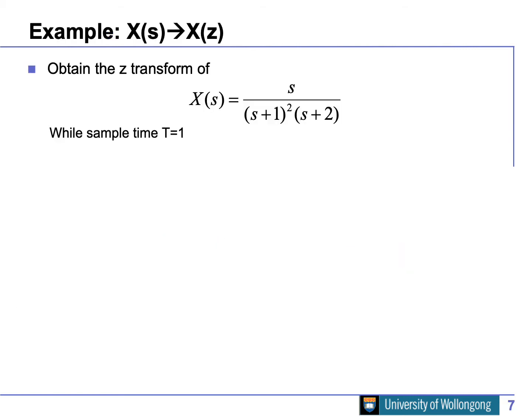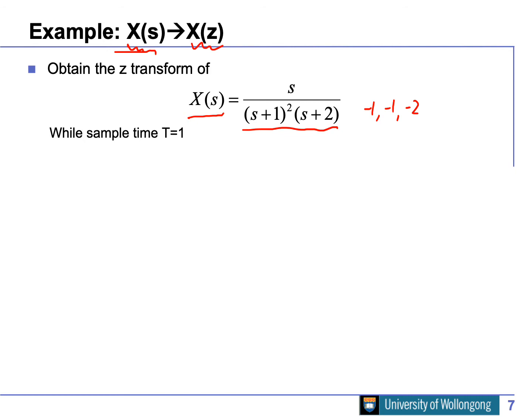Now let's look at a couple of examples for us to convert from S domain to Z domain. So the first example is we know the transfer function. You have 3 poles, a double -1 and a -2. 3 poles for the system.